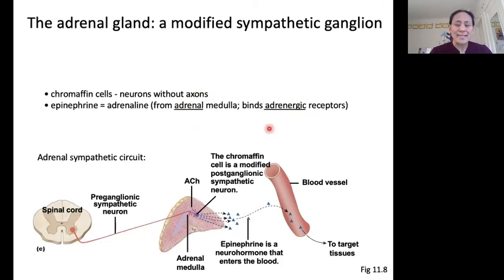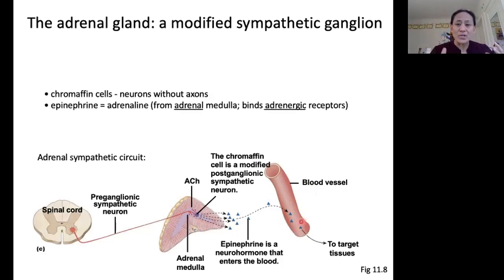Last thing that I want to say about this whole circuit is that this is really what's responsible for that fight or flight response that we see from the sympathetic nervous system. When you have epinephrine secreted into your bloodstream, you hear about adrenaline coursing through your bloodstream. This is where that comes from, okay? And you can imagine once you have epinephrine in your bloodstream, it's going to reach your entire body.